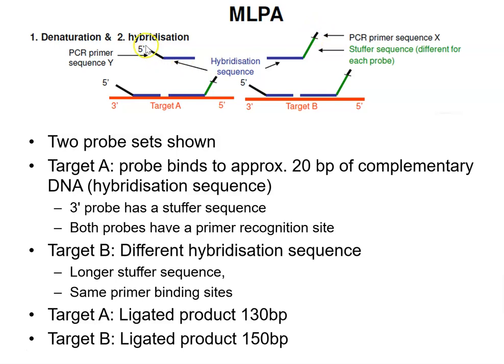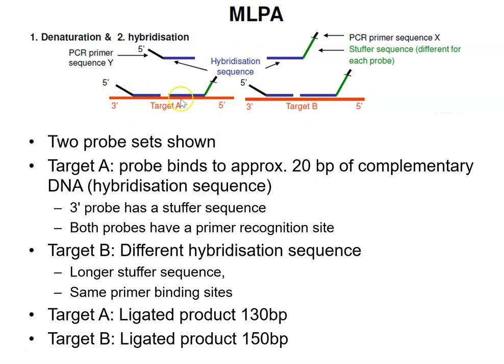So this here is a forward primer binding site, and this bit here on the end is a reverse primer binding site, and then in between we have a stuffer sequence which is different for each probe pair, so that the distance from here to here differs for every probe pair. And then when we amplify this DNA, copy this DNA, then amplify it, we get different PCR product lengths, but using only a single pair of primers.